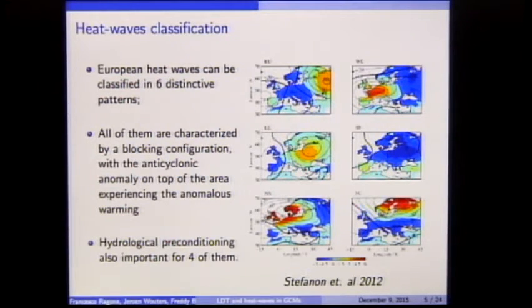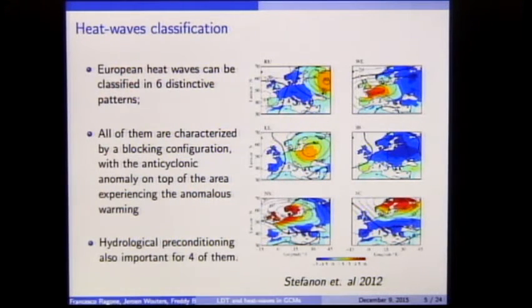Basically in each case you have the anticyclone in different positions and the temperature anomaly directly below the anticyclone. These are composite averages over these heat wave events.